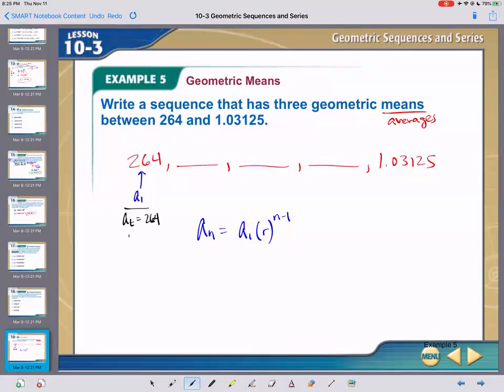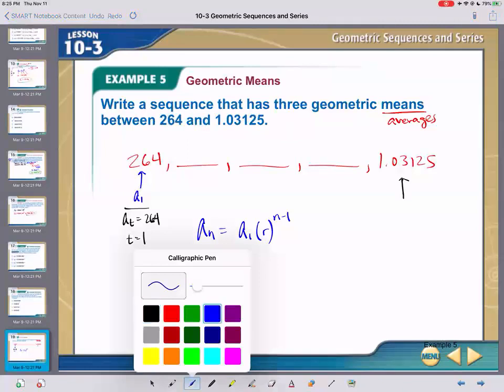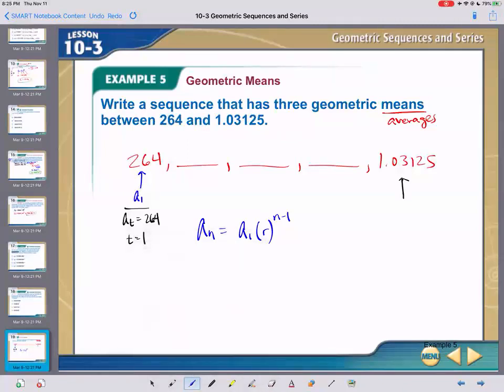And since it's actually the first, T would equal 1. Over here, it's not the first, second, third, fourth, but the 5th term. So I'd call that a5. But for the calculator's purposes, we're going to put that in as AN. We have to tell the calculator n equals 5. So that's what we'll do in the calculator there.